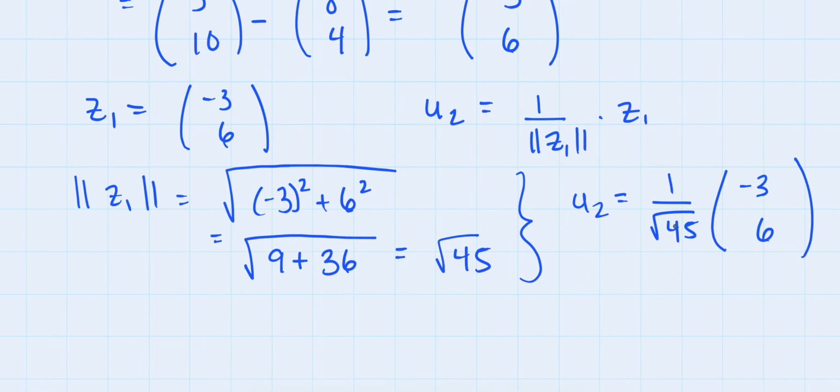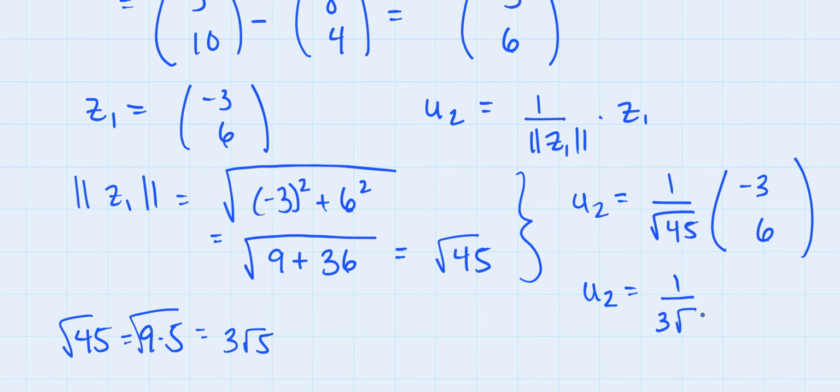And we can simplify this radical. Remember that 45 is 9 times 5, so the square root of this is 3 root 5. So U2 is 1 over 3 root 5 times (-3, 6). And I can send this 1 over 3 into everything.